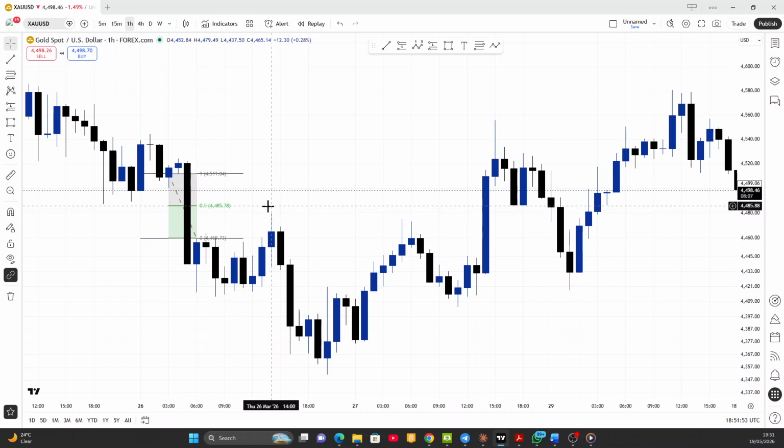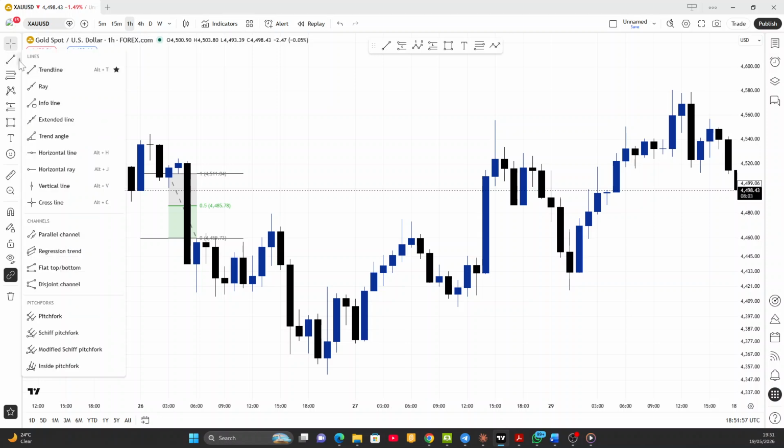But you see, in this example, we didn't see that. I told you when I was teaching that in some cases you may even see price retrace down to this point. But in this case, we didn't see price retrace even to the 50% level, but we saw price just retrace.